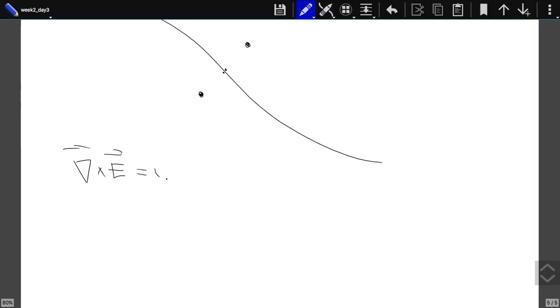Curl of the electric field is 0 in electrostatics. The charges are not moving. All the charges are at rest. Or let's say we are in a reference frame in which all the charges are at rest. Otherwise, this equality will not hold.